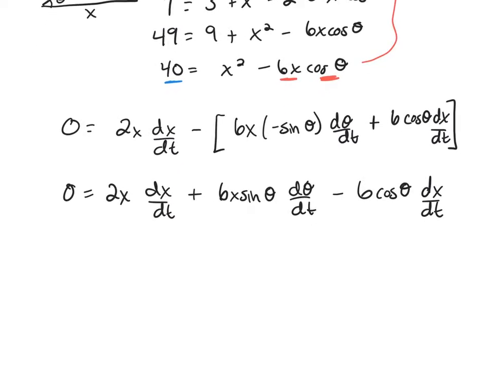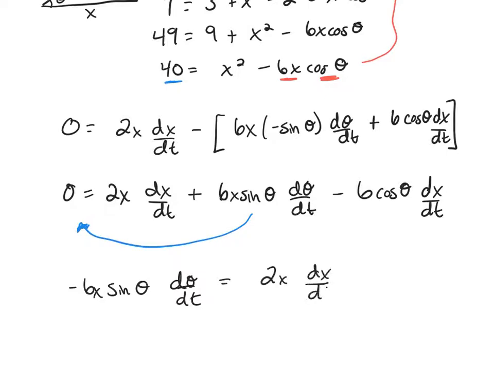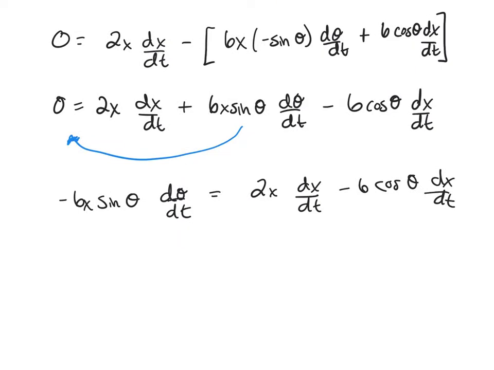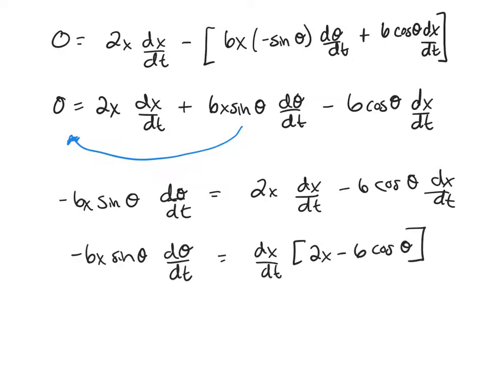So that's what I'm going to solve for in my equation. I'm going to move this term to the other side. I'm going to subtract it away. I'll get minus 6x sine theta d theta dt equals 2x dx dt minus 6 cosine theta dx dt. Factor out a dx dt on the right hand side, and you'll be left with 2x minus 6 cosine theta.